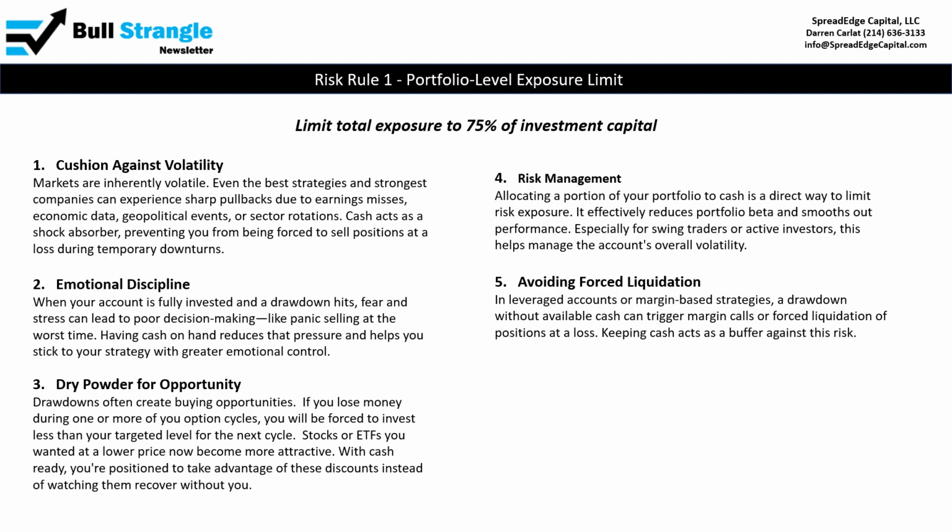In leveraged accounts or margin-based strategies, a drawdown without available cash can trigger margin calls or forced liquidation of positions at a loss. Keeping cash acts as a buffer against this risk. Now, I do want to make a comment about margin. I do not use margin in my personal strategy at all.